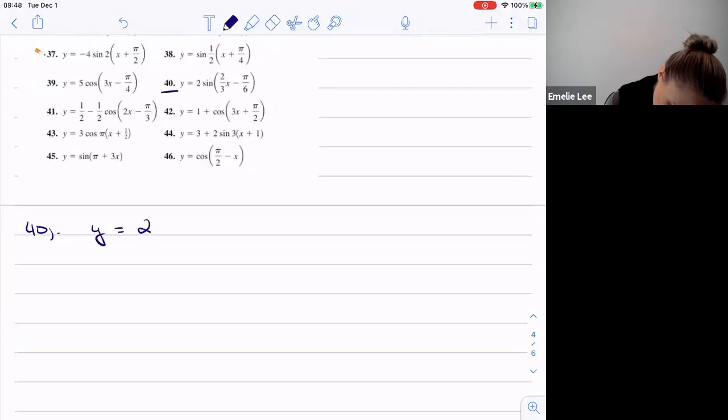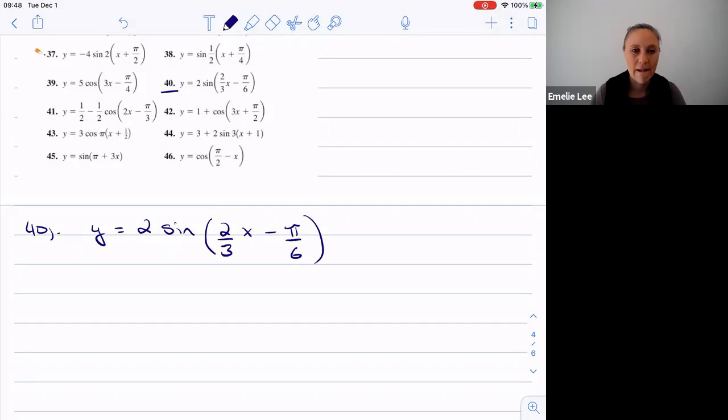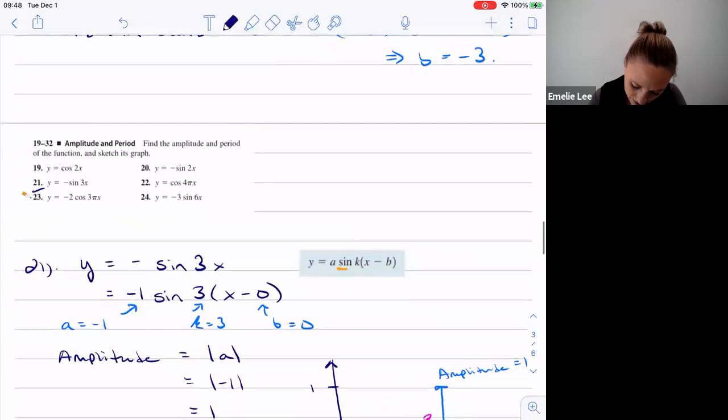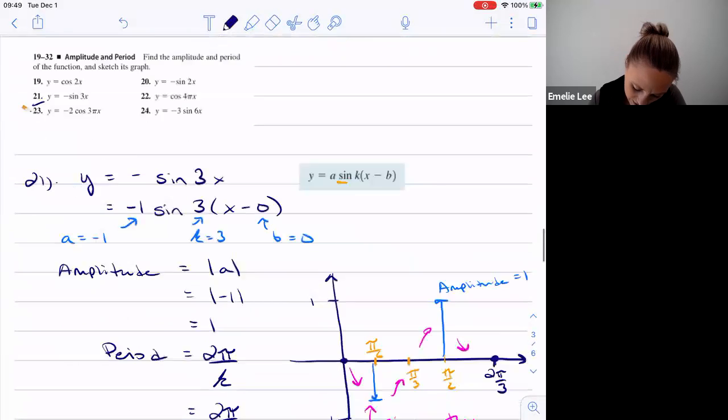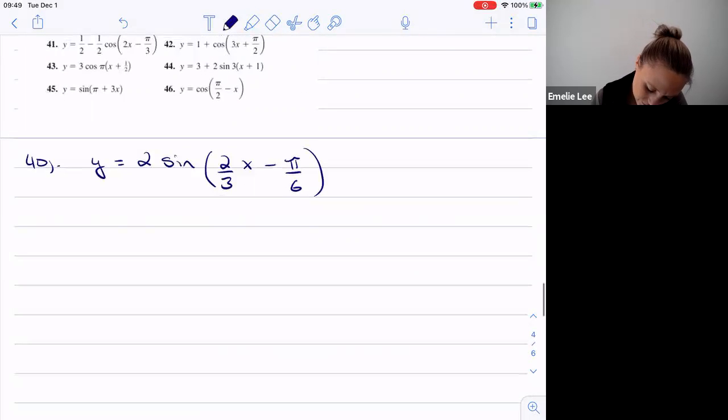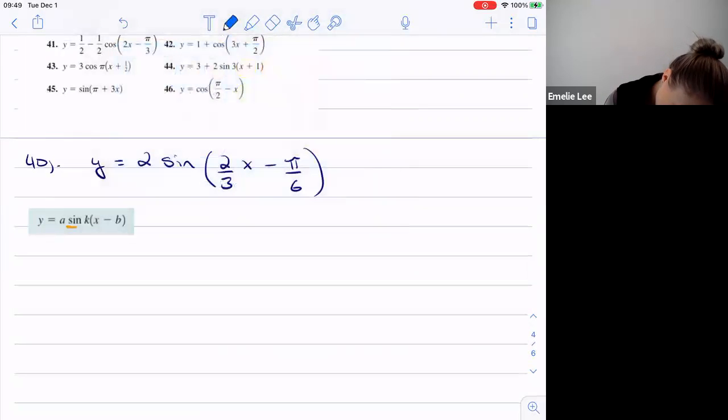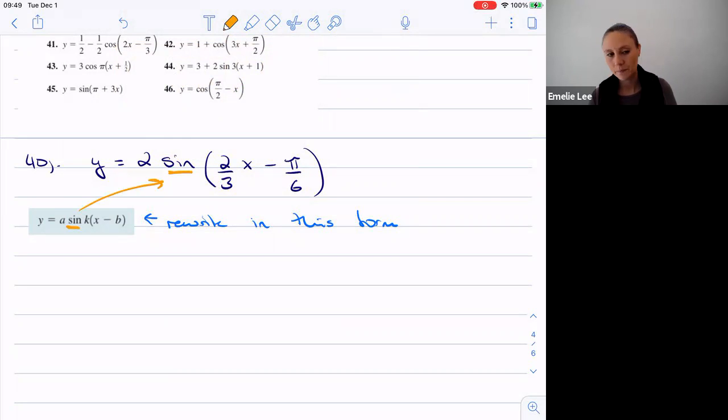So if we have y is 2 sine of 2 over 3x minus pi over 6, we want to morph it into this little guy. Rewrite in this form, and I'll use the highlight, the sine and the sine. So that's why we're going to rewrite it like that.